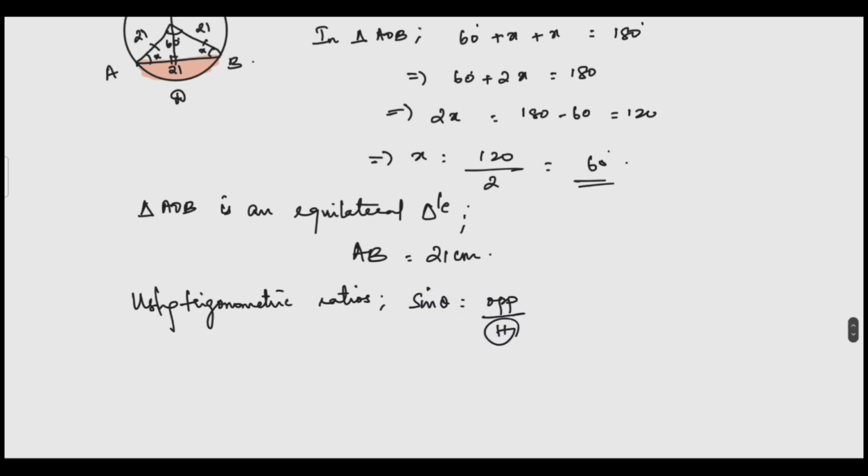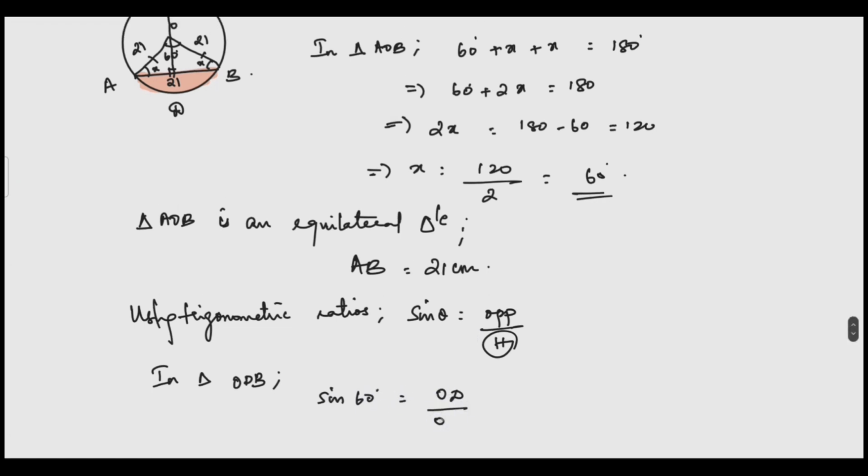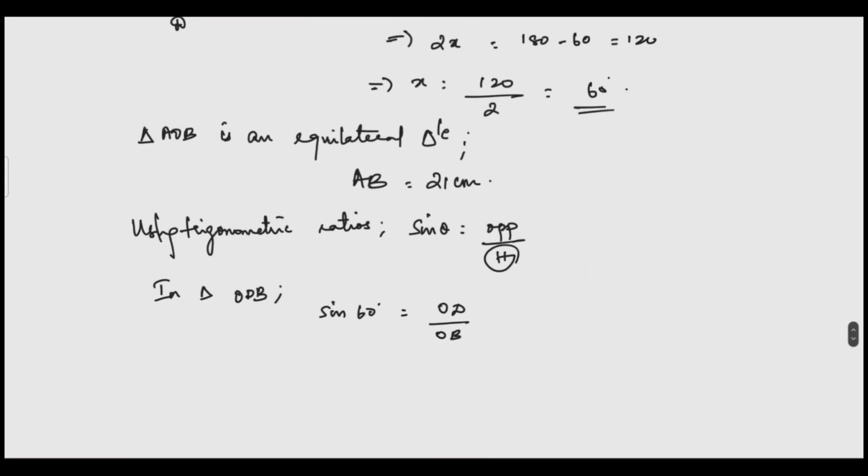So in triangle ODB, angle B is 60 degrees. Sin 60 is equal to OD by OB. We have to find OD because that is the height. Sin 60 is root 3 by 2. OD is our height and OB is 21. We get height as 21 root 3 by 2 centimeter.